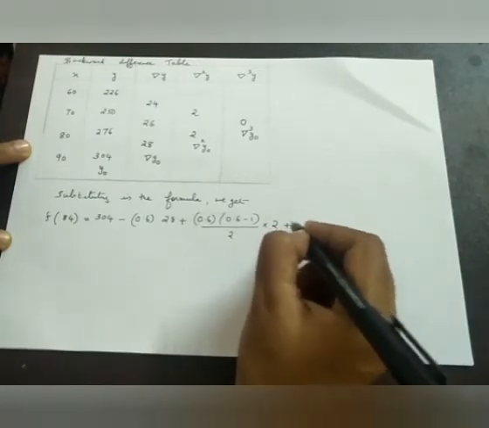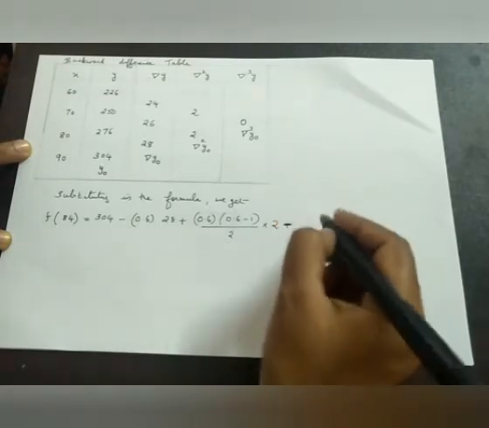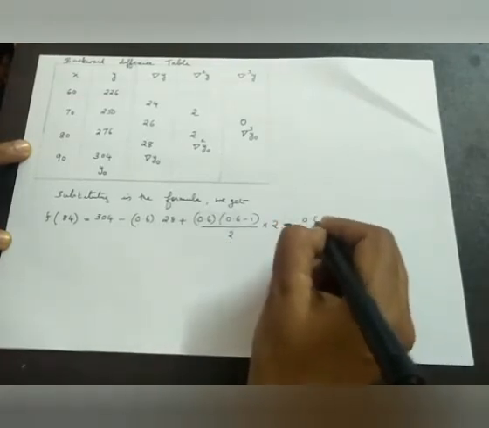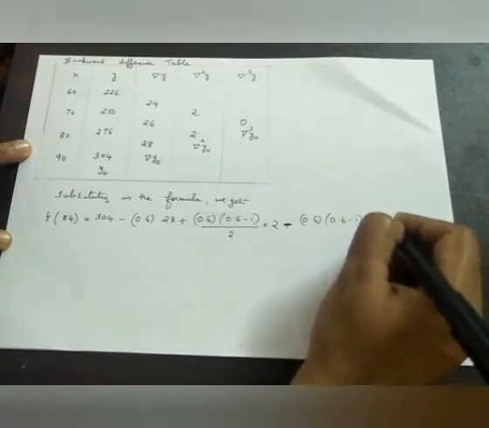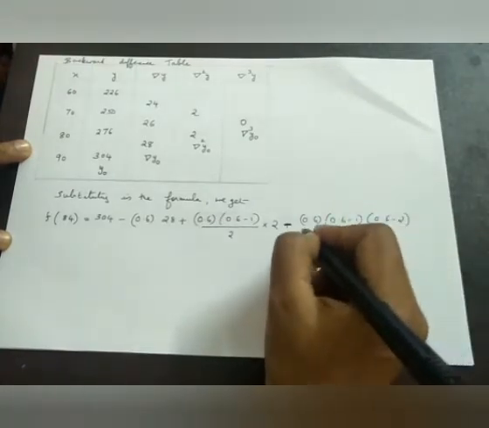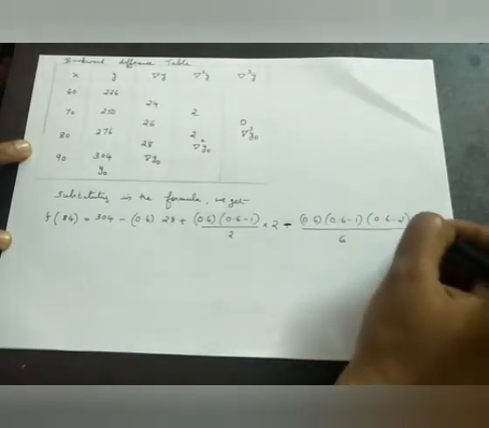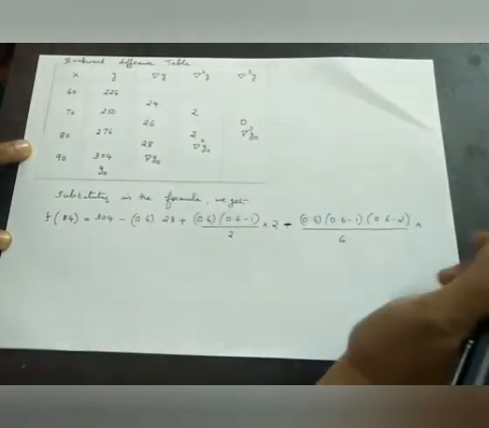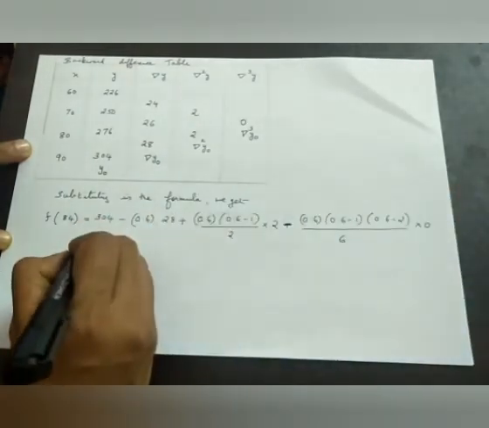Then minus n into n minus 1 into n minus 2 by 3 factorial, that's also I am writing 0.6 into minus 0.4 into minus 1.4 by 3 factorial. 3 factorial is 1 into 2 into 3, that is 6, into del cube y naught, which is 0. So the term becomes equal to 0. Okay.